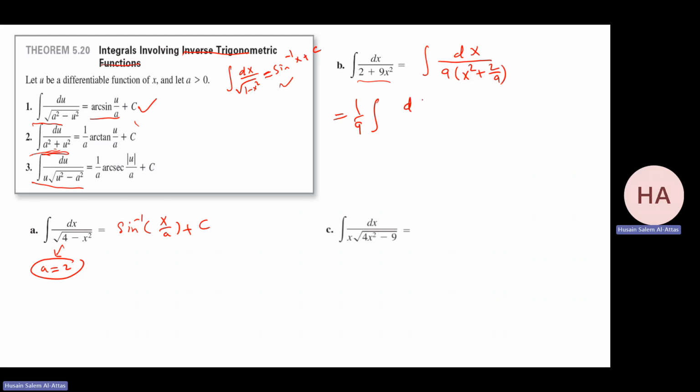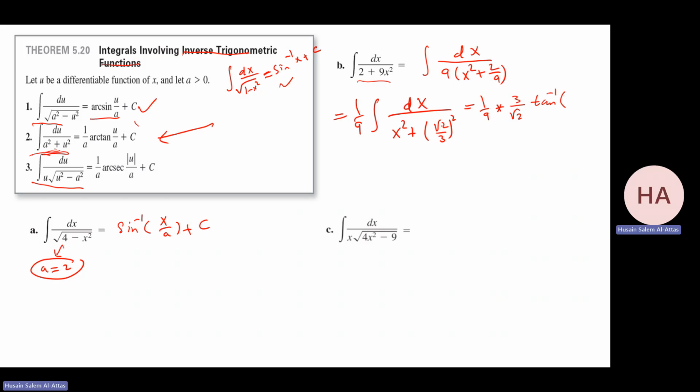Just a number. dx over x squared plus, I will write this as square root of 2 over 3, all squared. So what is my a? Square root of 2 over 3. Now it's very clear, so now I'll apply this rule. That will be 1 over 9, times 1 over a, 1 over square root of 2 over 3, which is 3 over square root of 2, tan inverse.